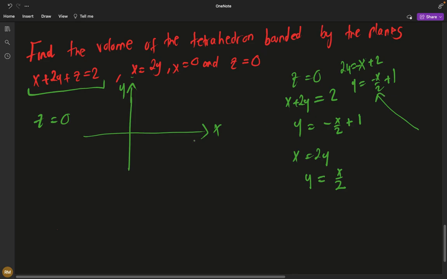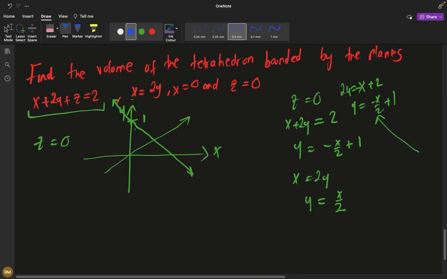It's passing through y = 1 here, intersecting at x = 1. And this one is moving from 0, so it's just a straight line. So our region that we'll be solving will be here, right?